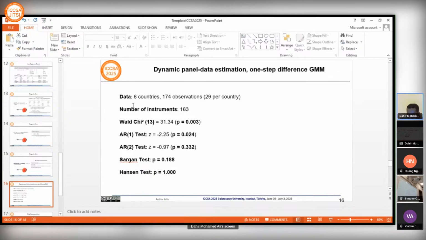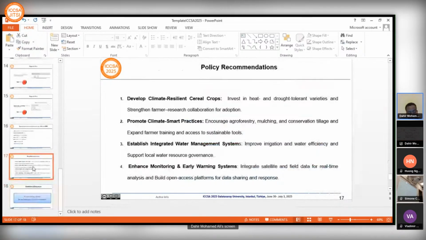And lastly, based on our research, we recommend the following policies to develop climate resilience. First, we develop climate-resilient crops, investing in heat and drought tolerant varieties and strengthening farmers and research cooperation for adaptation.